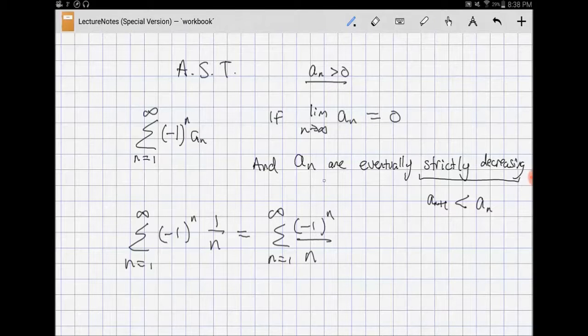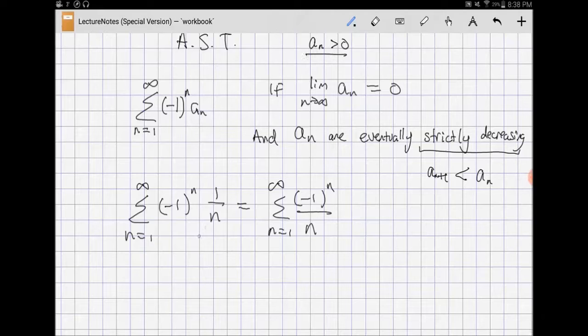It's not even just eventually, because 1/2 is less than 1, and then 1/3 is less than 1/2, and so on. So in this example, this portion is our a_n, and this portion is our alternating portion. And because this series satisfies all of these conditions, we can say that it's converging.